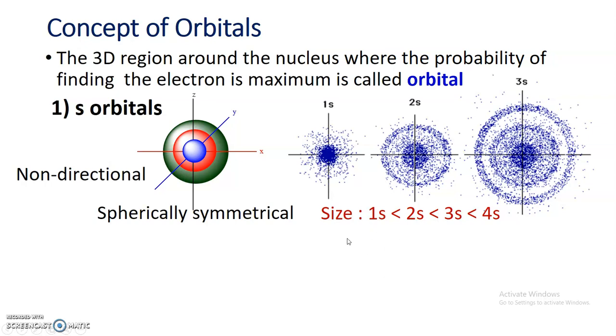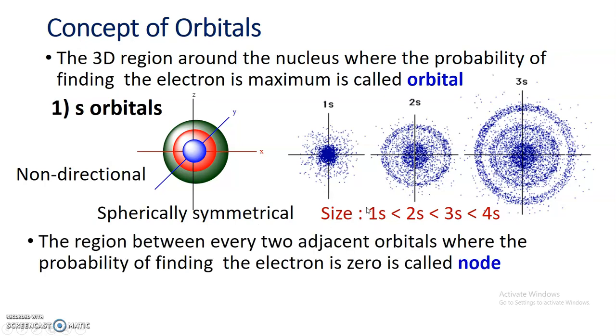An important point again is that the s orbital is present in all the shells, K, L, M, N, that is, the first shell, second shell, third shell, fourth shell, fifth shell and so on. The size of the s orbital, as I said, increases as the principal quantum number increases.